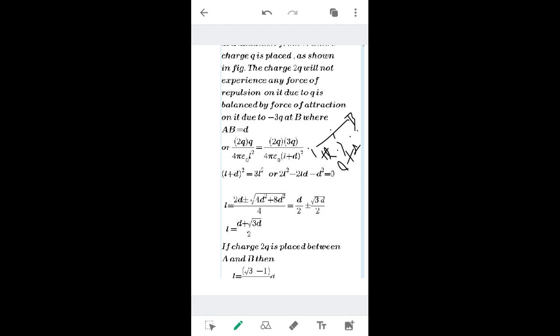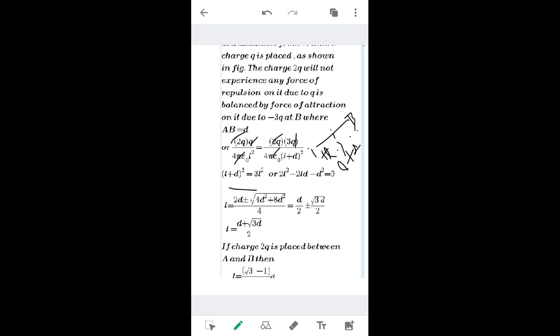Okay. Now what are the terms which get cancelled? 2q gets cancelled, q cancels with 3q, and 4 pi epsilon naught gets cancelled. So what we are left with is 1 by L square equal to 3 by L plus D whole square, right? So that's what I have written here. Taking both, we get L plus D whole square equal to 3L square, right?